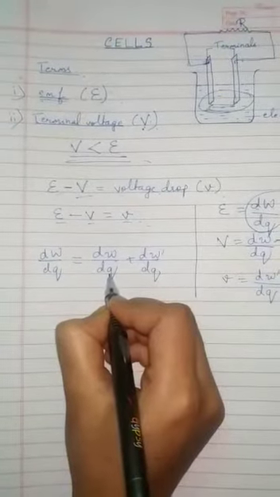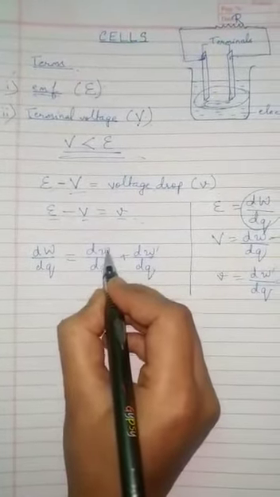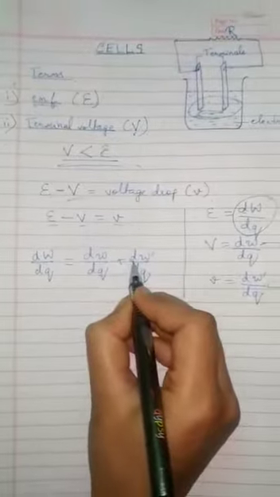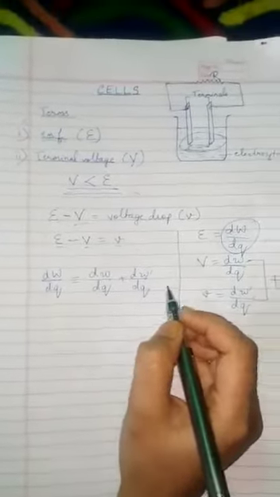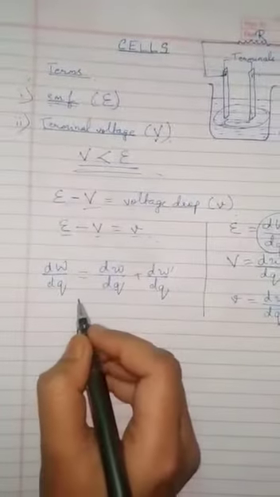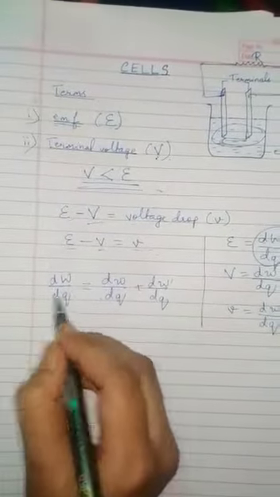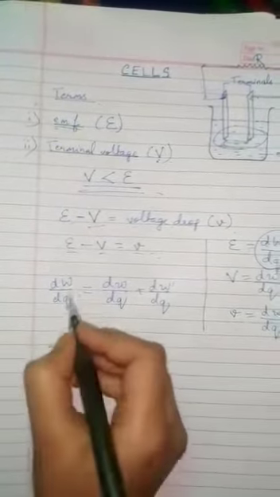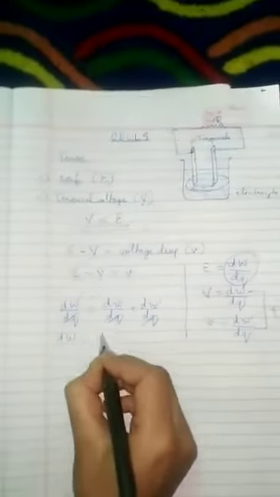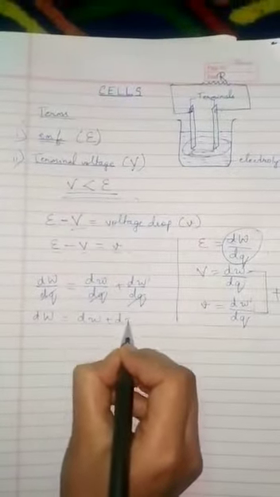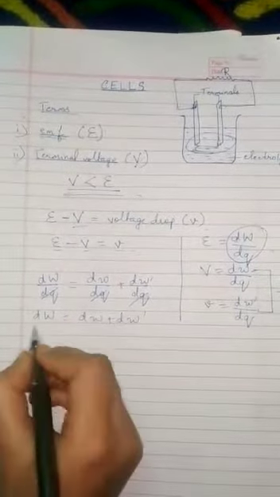This is work done in taking the charge outside the cell, and this is work done in taking the charge inside the cell. Now we may cancel these, so we will be left out with dW is equal to dw plus dw dash.